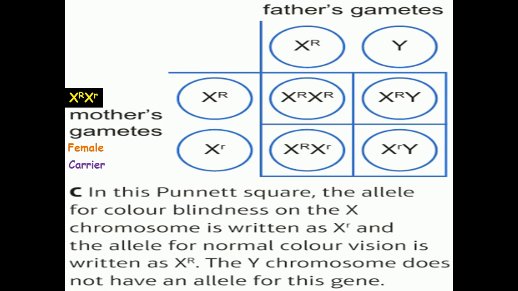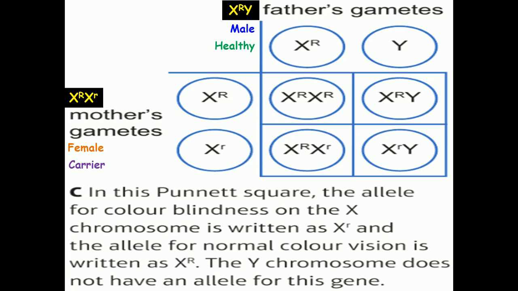The father's sex chromosomes is X^R Y. So because the father is XY, the father is male. And there is no allele in the Y chromosome because that part of the gene or section of the chromosome is missing. So this father here has only got 1 allele, which is the capital R, which is the healthy allele.